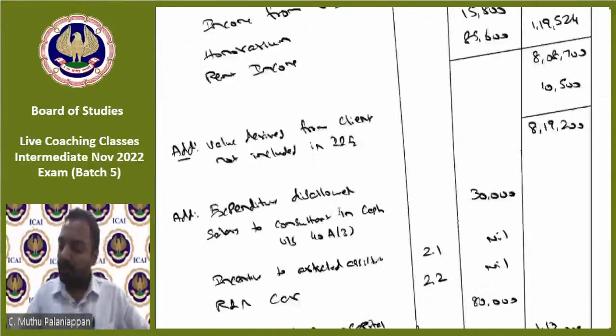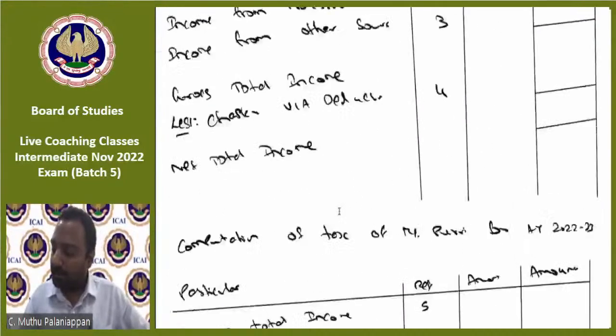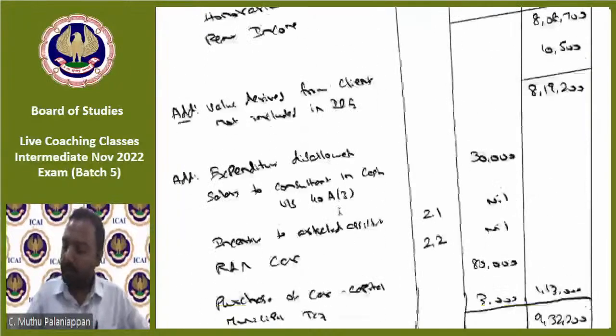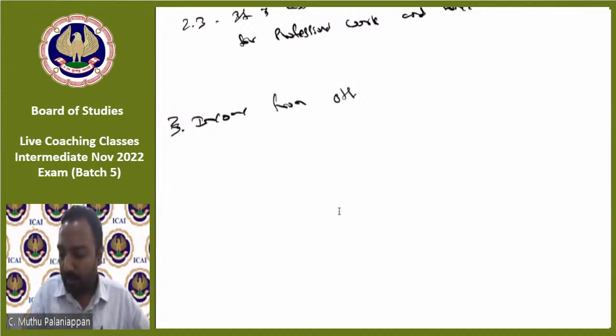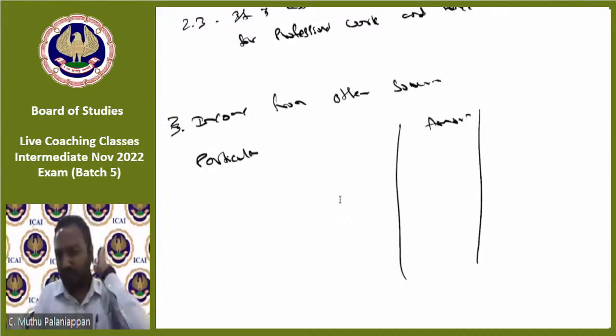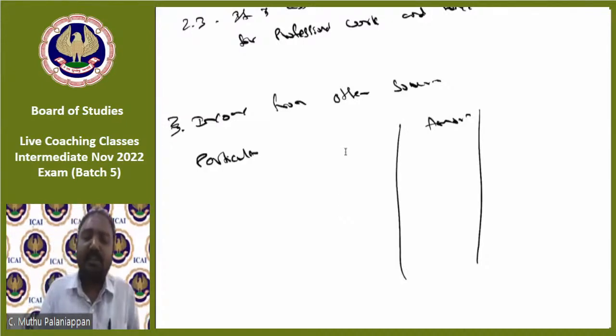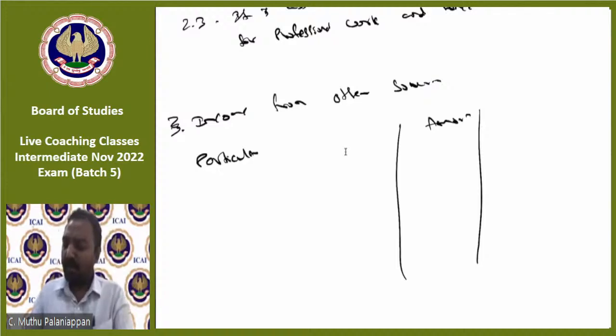Now we'll have to come to the third working, right? Third, this is for income from other sources. So 3, income from other sources. Particulars, amount. I think there are only a few, right? Because it's basically the dividend and other things.